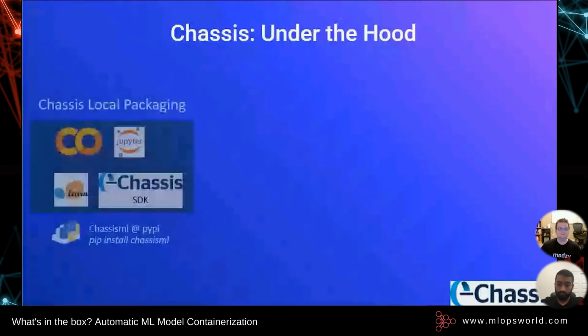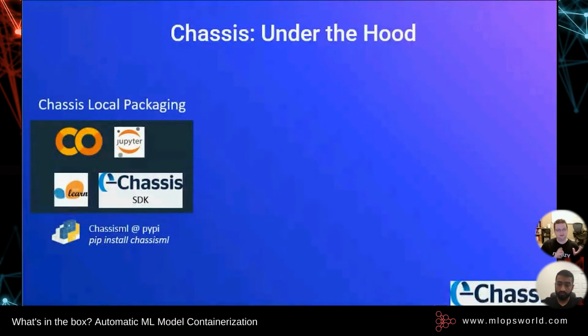So under the hood, what happens is that, like I said earlier, Chassis comes in two parts. There's a local part that's basically focused on the SDK, and then there's a service part we'll see here in just a second. And whether you use straight Python or a Jupyter notebook or a Colab notebook, what have you, the process is generally the same.